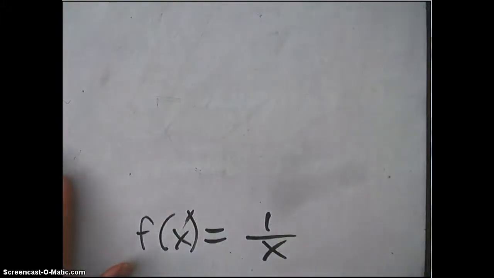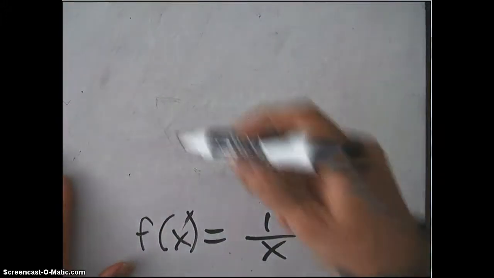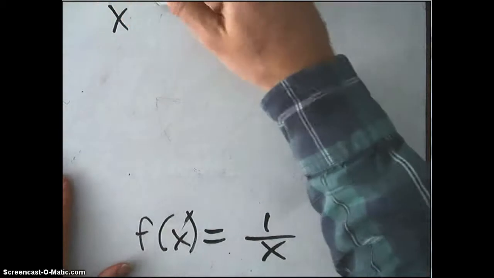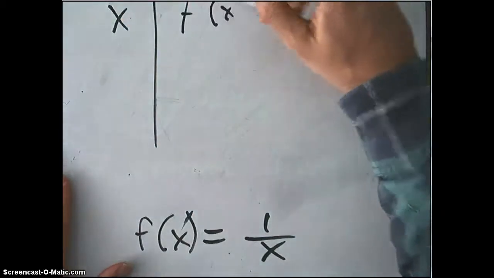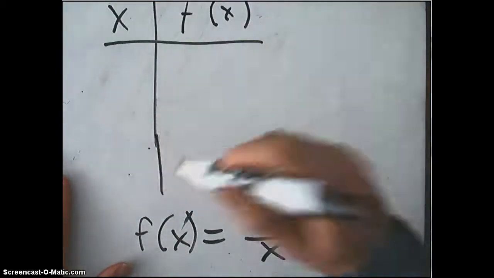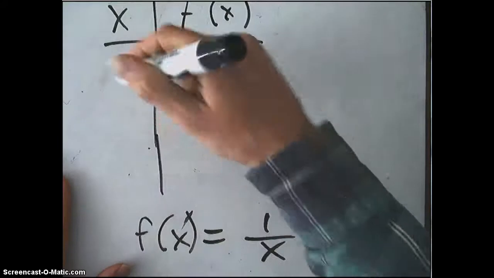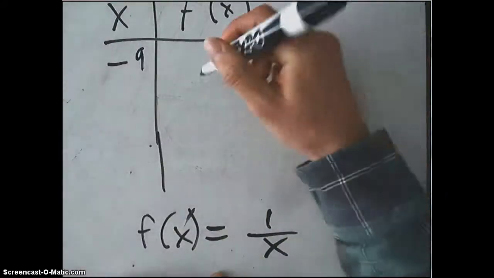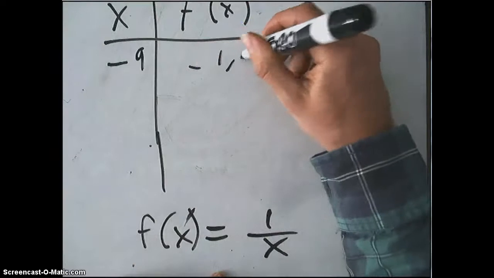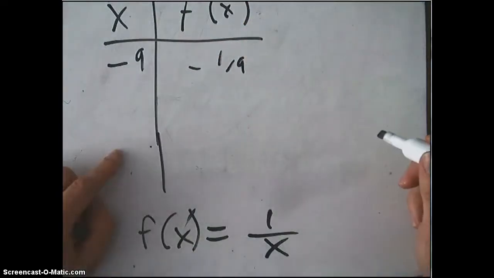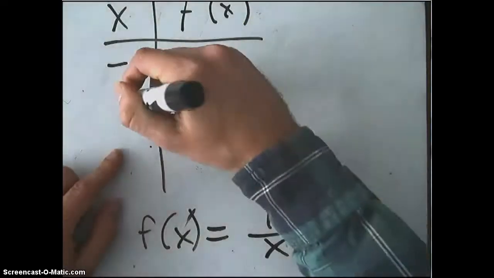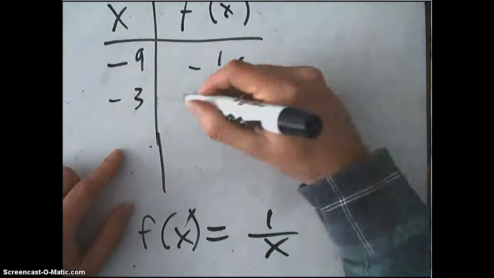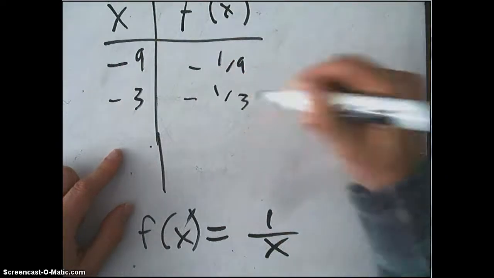First thing is, if we were to make a table of values for f of x, it would look a little bit like this. If you've got -9, you plug in -9 over here, that becomes -1 over 9. And if you've got a -3, that becomes -1 over 3.